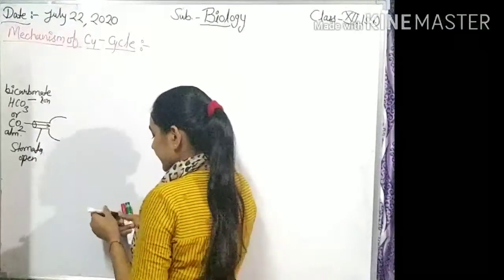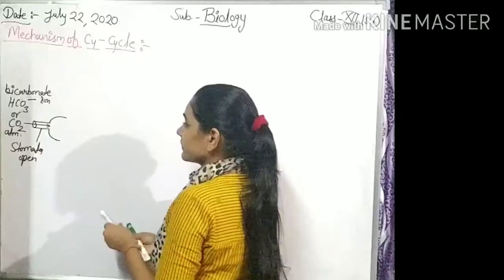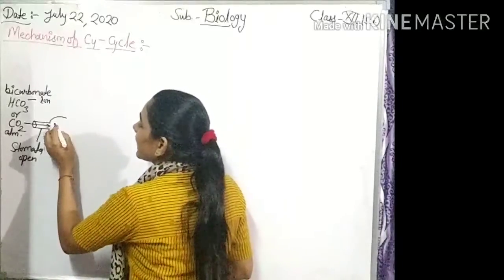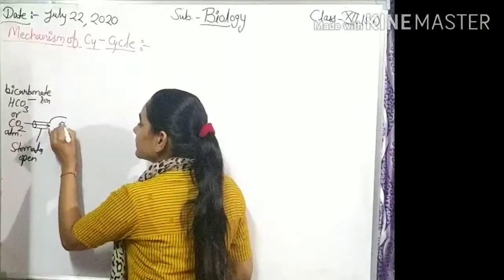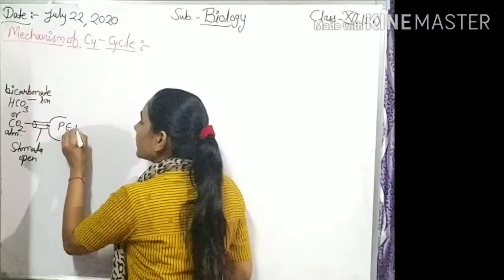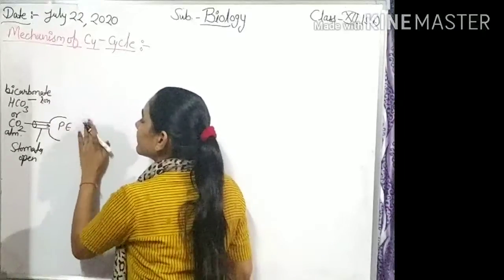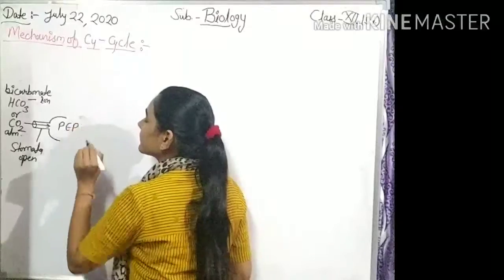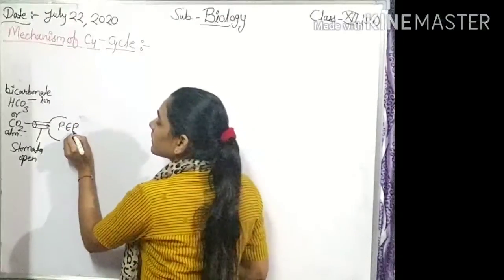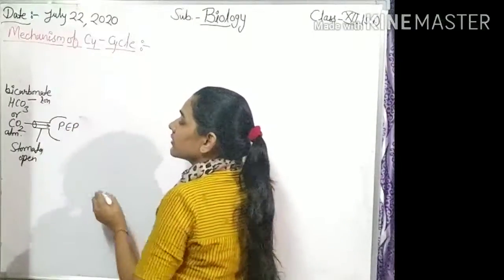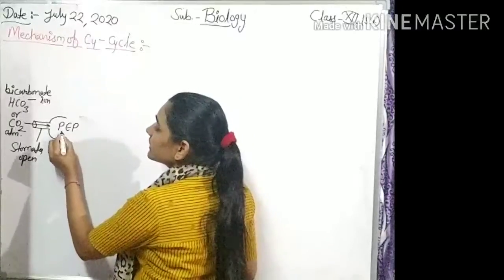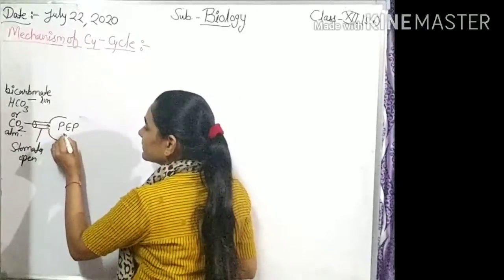In mesophyll cells, a 3-carbon compound, phosphoenol pyruvate, is present, which is a CO2 acceptor.